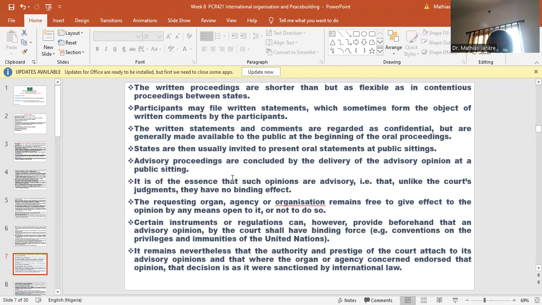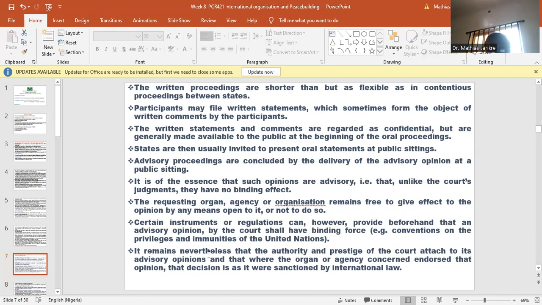It is of the essence that such opinions are advisory. That is, unlike the court's judgments, they have no binding effect. The requesting organ, agency, or organization remains free to give effect to the opinion by any means open to it, or not to do so. Certain instruments or regulations can, however, provide beforehand that an advisory opinion by the court shall have binding force, for example, the conventions on the privileges and immunities of the United Nations.